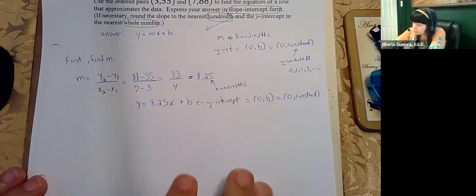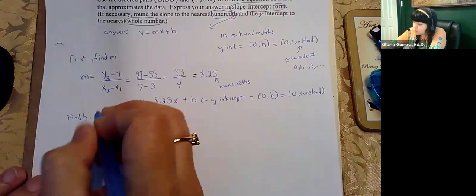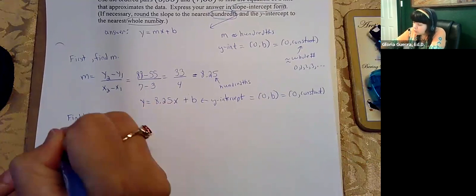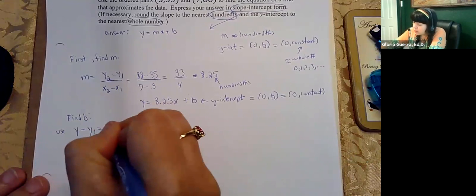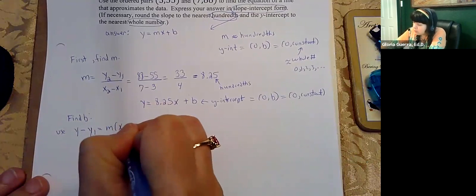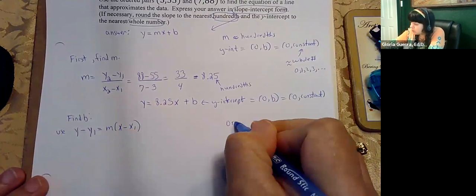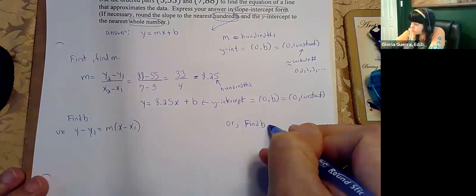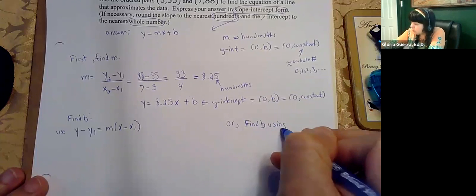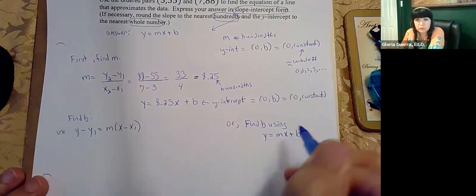What you need to do is find the b. So one way is you can use y minus y1 equals m times x minus x1. Or the other way is to find b using y equals mx plus b. That's another one to do.